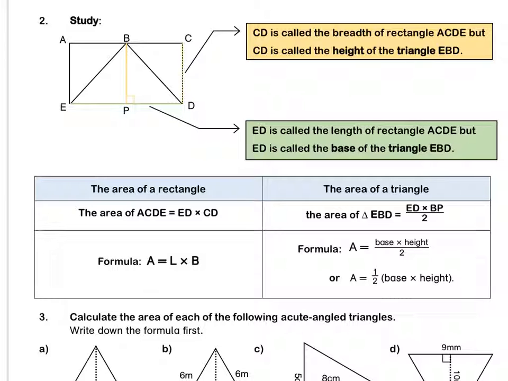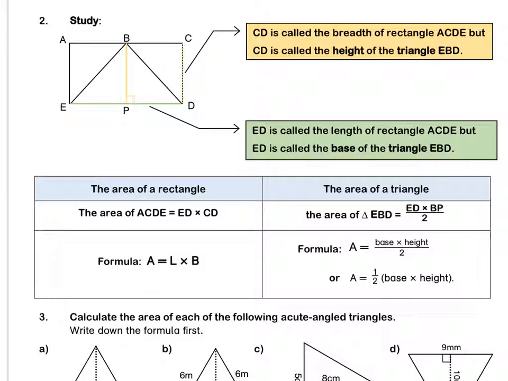And we also now know that the area of the triangle EBD is exactly half of the area of the whole rectangle. Therefore, the area of the triangle EBD is ED times CD, which is ED times BP, which is inside there. Those two are exactly the same, but we still need to divide it by 2.